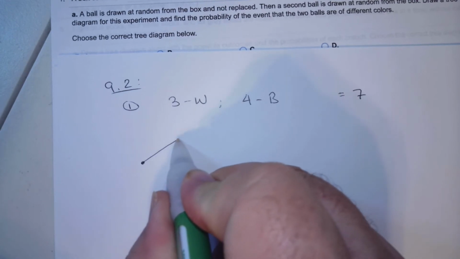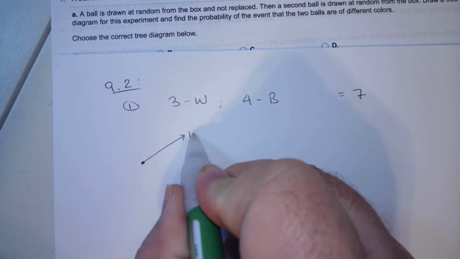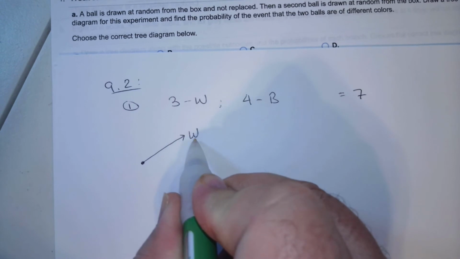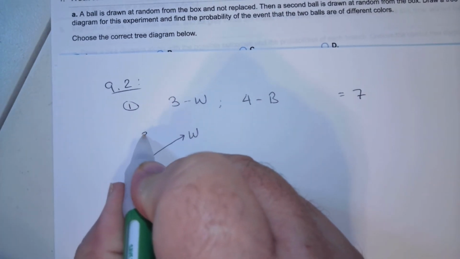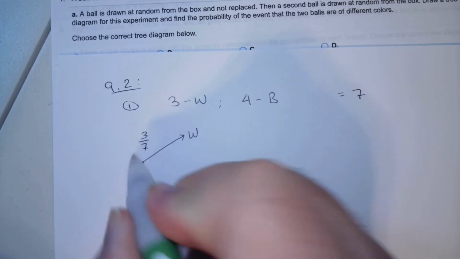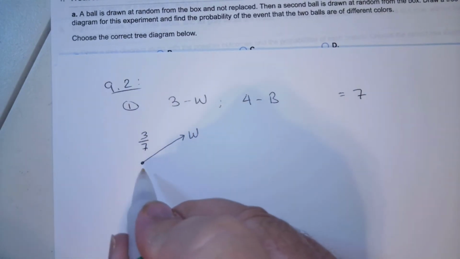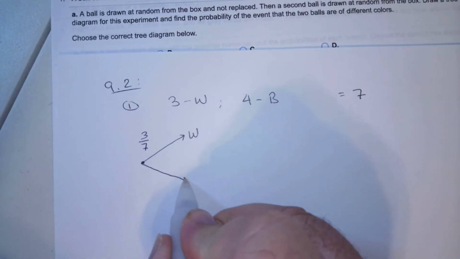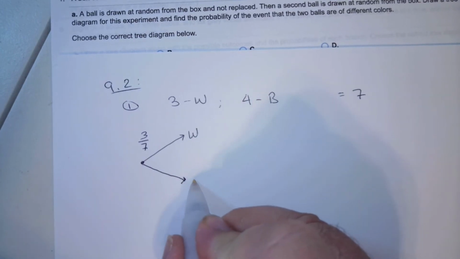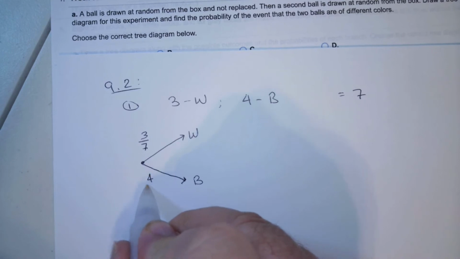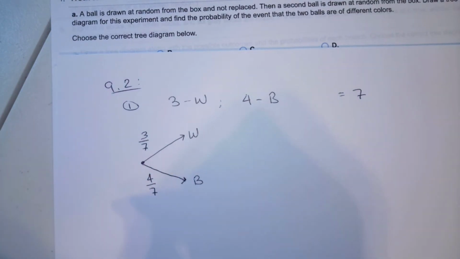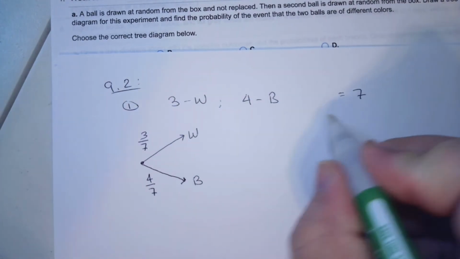On the first event, if we were to draw a white ball, the chance of getting it is 3 out of 7. The chance of getting a black ball is 4 out of 7. That's the first draw. Remember, this is without replacement.